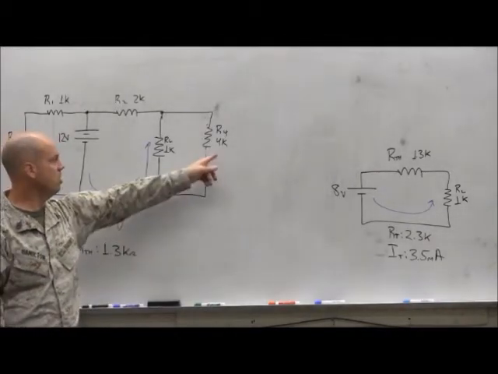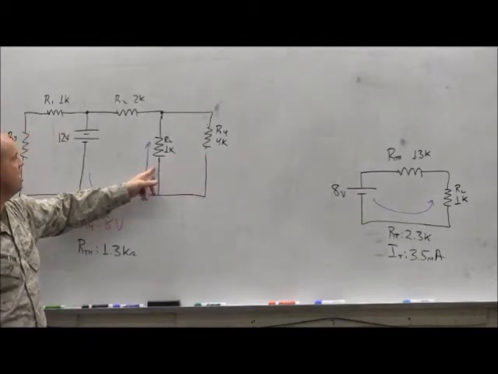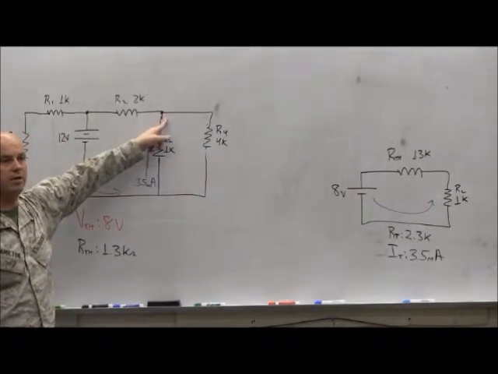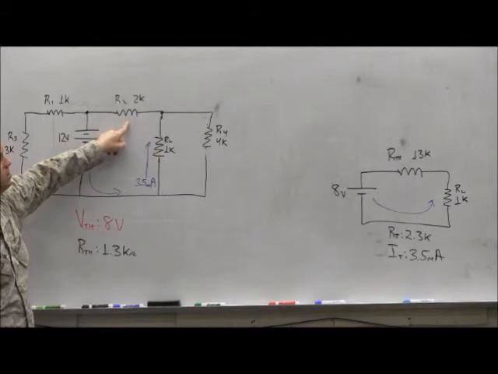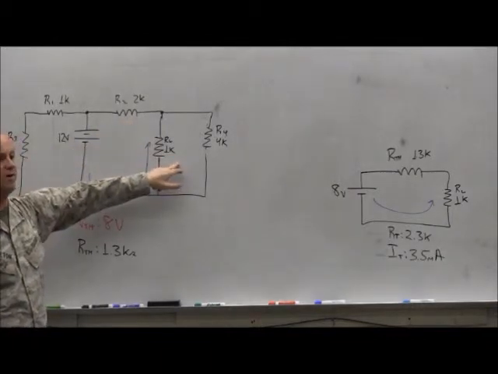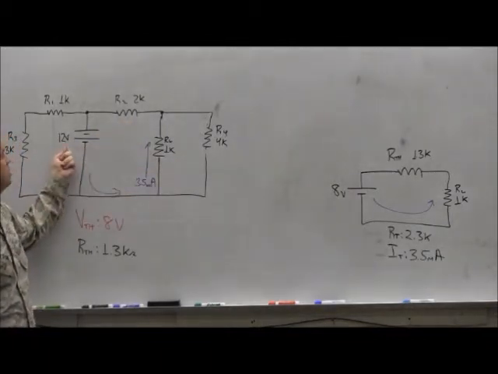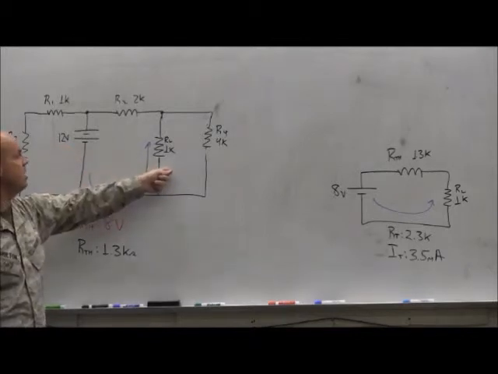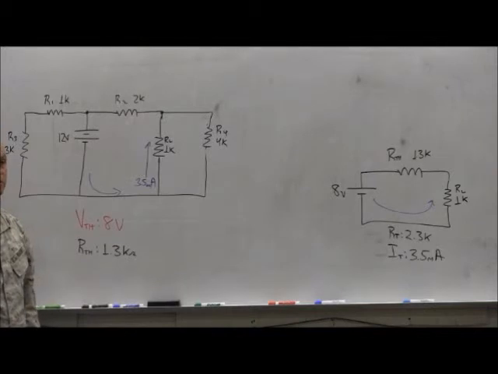If I can find the current across this, and I know the current across that, they add at this node here, right? So then I can find the current across R2. If I can find the current across R2, then I can find the voltage across R2 and add it to this 3.5 volts here, and it should equal what's at the source. Then again, I could also just subtract it, being how it's in series with R2.